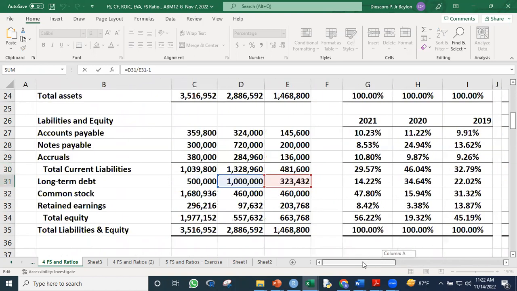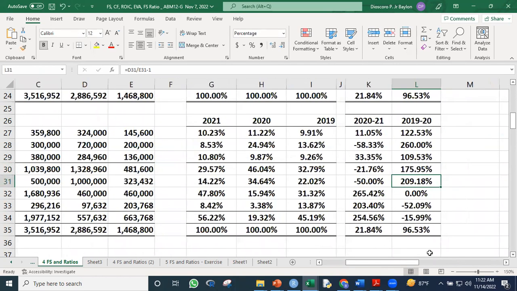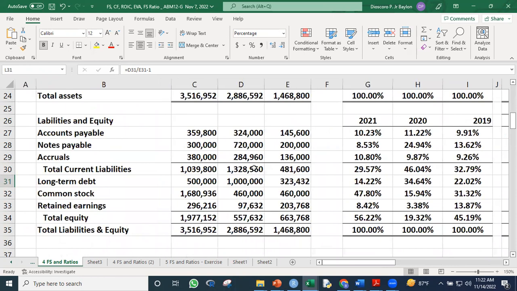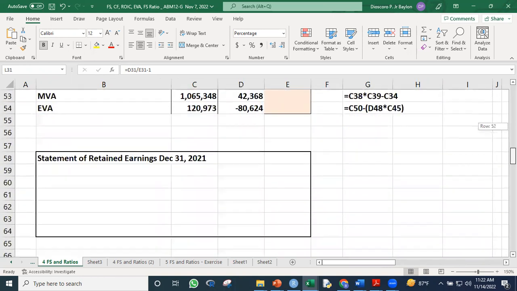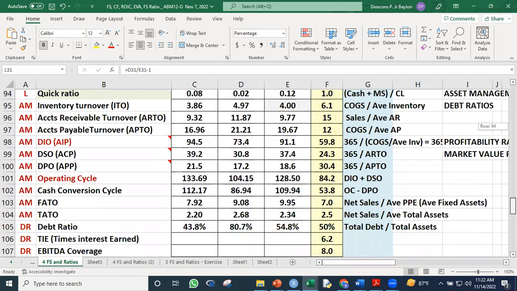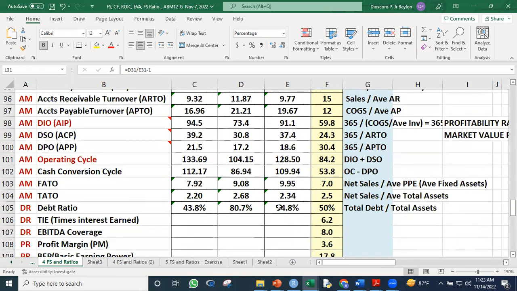Okay, it's correct. So there was a huge increase in terms of long-term debt and in your current liabilities. Hence, the debt ratio really ballooned from 54% to 80.7%.